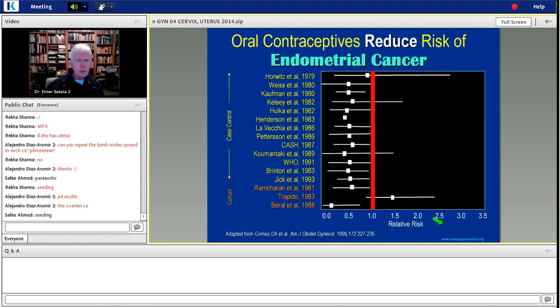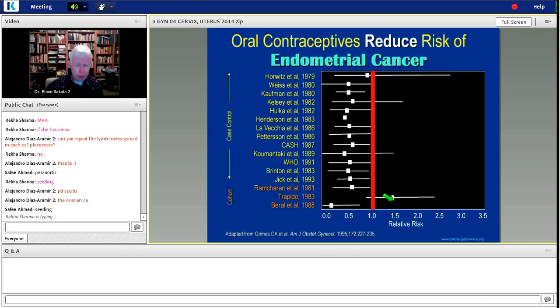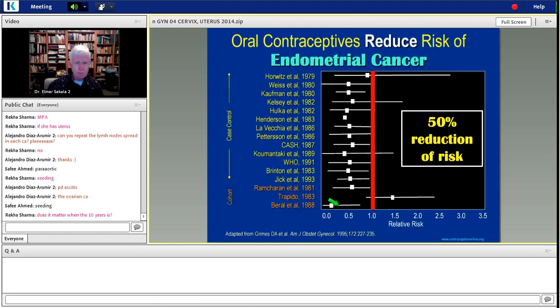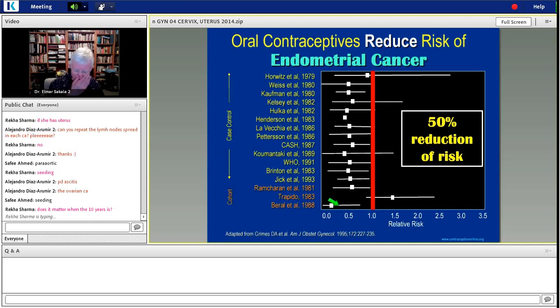And you can see on almost all of these studies, with one exception, there is a reduction in the rate of endometrial cancer after 10 years or more of oral contraceptives. So this is a non-contraceptive benefit of steroid contraceptives. It provides the progestin which stabilizes the endometrium, and that's what gives the prevention. So that's significant, and I think it is worth knowing for the exam.